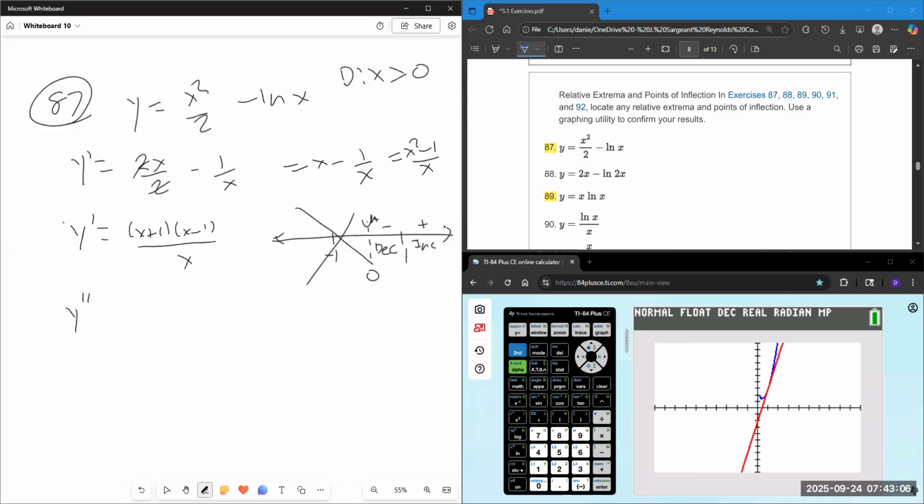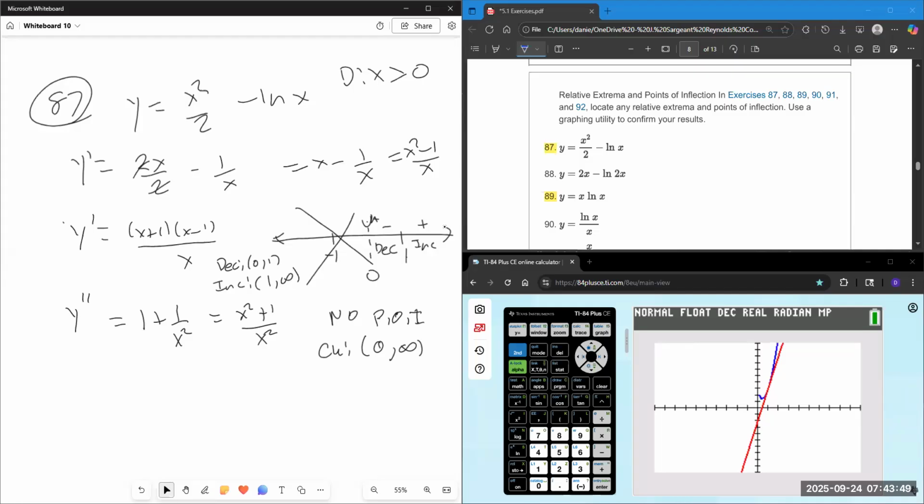My second derivative here is 1 plus 1 over x squared, which is x squared plus 1 over x squared, and I have no points of inflection here since there's no zeros of my second derivative. So this is always going to be concave up on its entire domain, and this is going to be decreasing on 0 to 1 and then increasing from 1 to infinity.